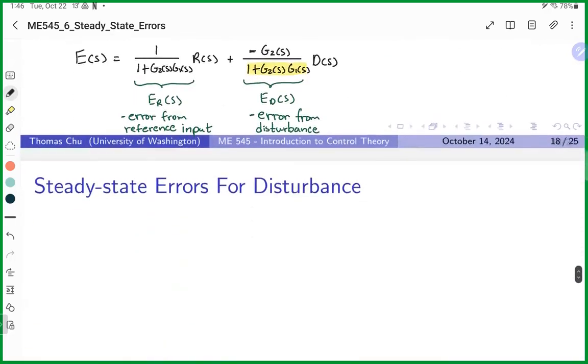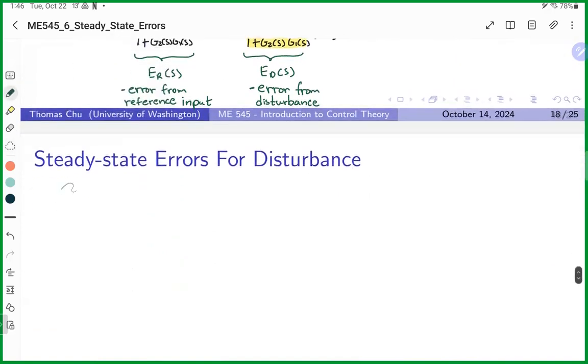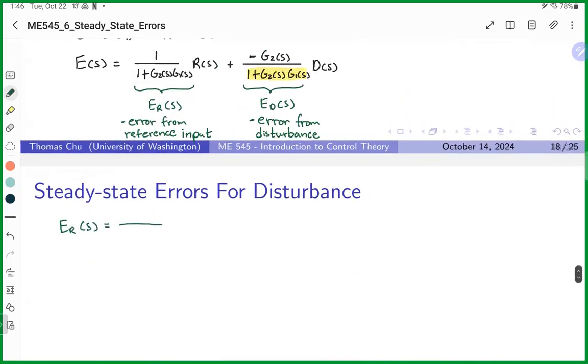Okay, so then in this specific application, our E of R of S is equal to 1 over 1 plus G2 of S, G1 of S, where it's defined as error is the output divided by our reference input.